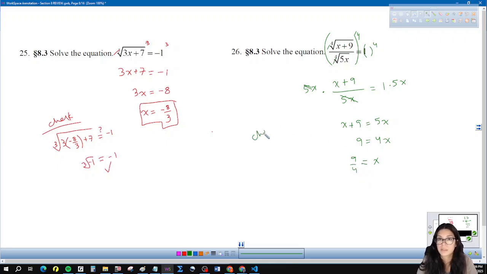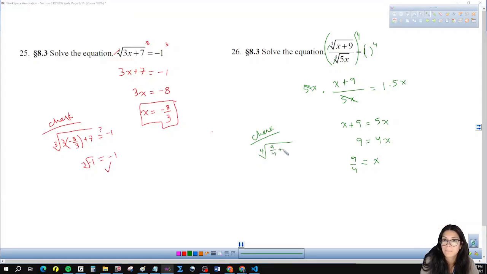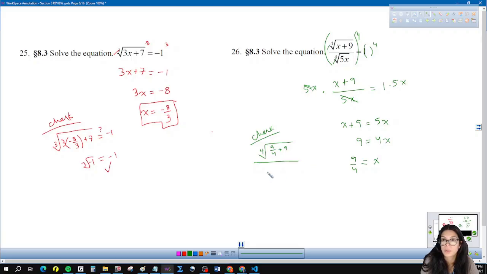In order to check our answer, I'm going to go ahead and plug it in. And when I plug it in, I am going to plug that into my original equation. So this would be the fourth root of 9 over 4 plus 9 over the fourth root of 5 times 9 over 4, and the question is, does that equal 1?